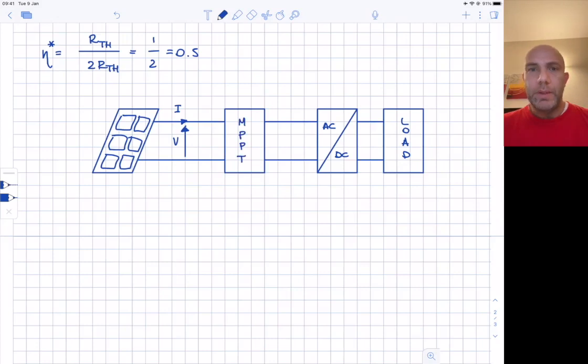And this MPPT, according to the different working conditions of the solar panel, changes the equivalent resistance of the load such that the Thevenin's equivalent of the solar panel has a matching load and the power delivered to the load is maximum.